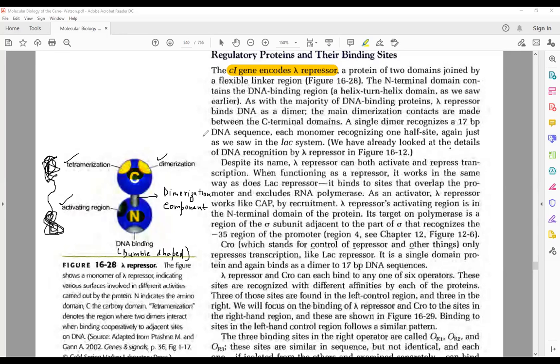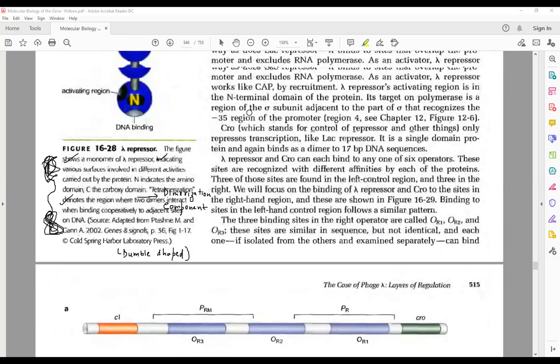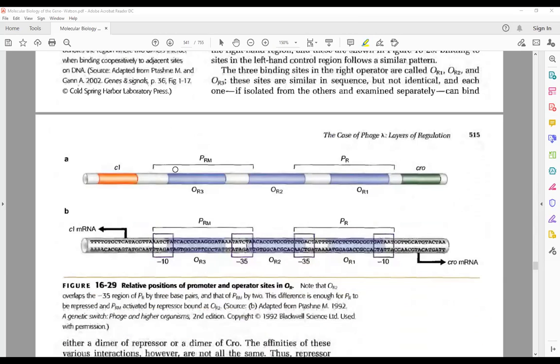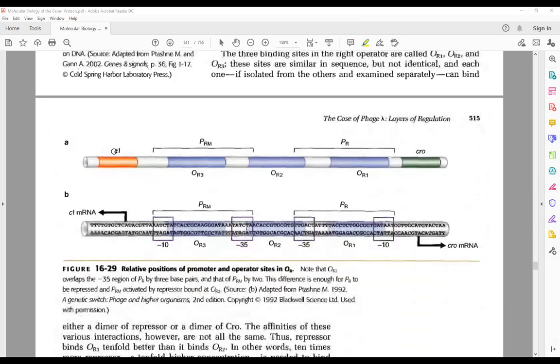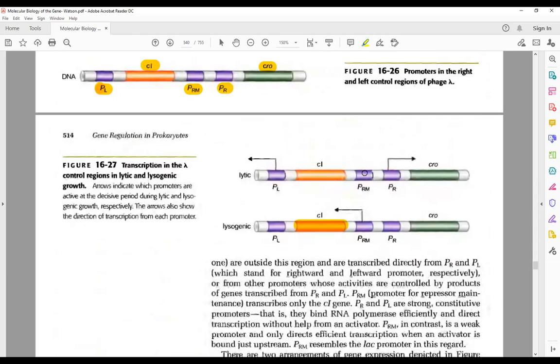Now, how does the lambda repressor molecule control transcription? That we must understand. See, this is the CI gene, this is PRM, and this is PR. And then we will take a look at PL also.